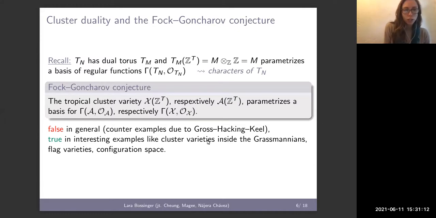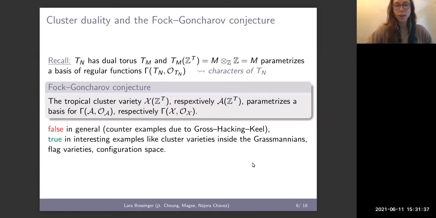However, this conjecture is true in the interesting examples. In examples like the Grassmannian or the full flag variety configuration space, we do have this conjecture, and it gives us, of course, a very good tool, solid information about the regular functions encoded in the tropical dual cluster variety.